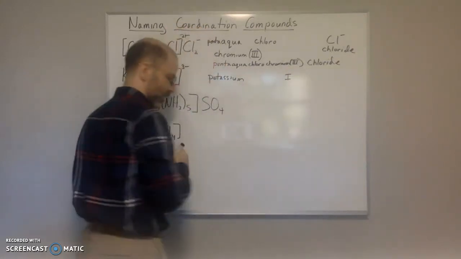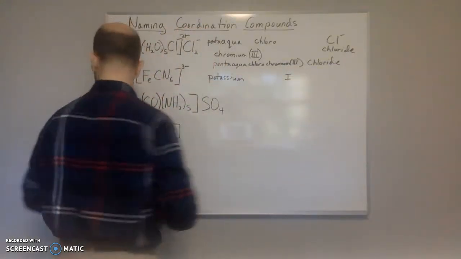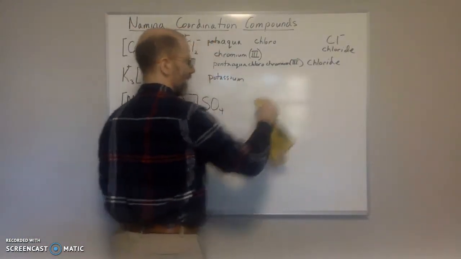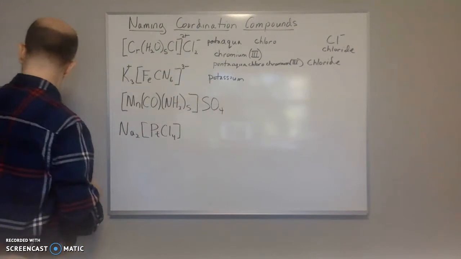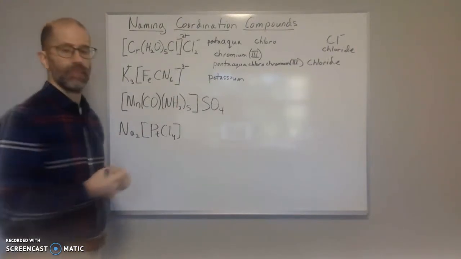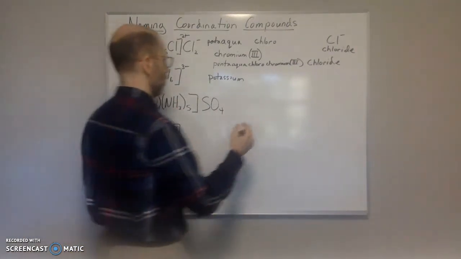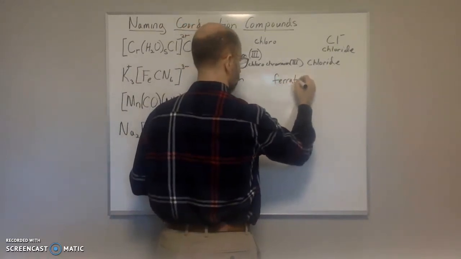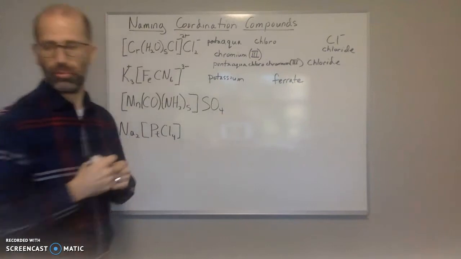Well, we're not going to call it iron. It's got a special name. Almost forgot. When iron is part of a negative ion complex, we call it ferrate. So we're going to call it ferrate 3.